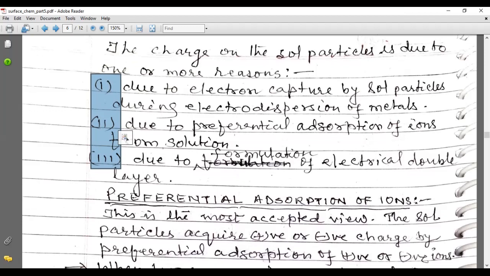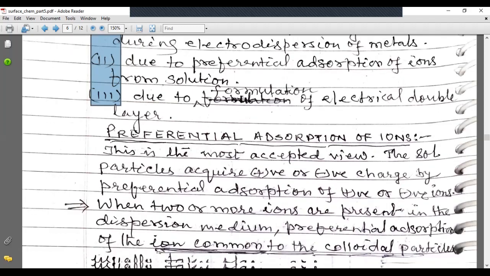Example, silver nitrate solution is added to potassium iodide solution. The precipitate obtained is AgI, that is silver iodide, which will adsorb iodide ions which are common from the dispersion medium, and a negatively charged colloidal solution will result.